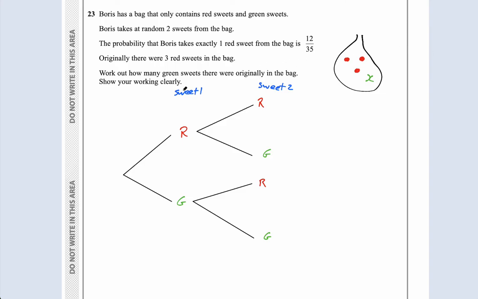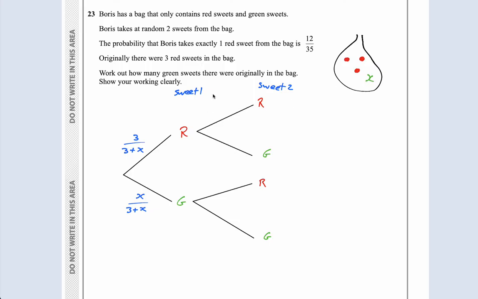What is the probability that it's red? The probability is 3 out of, what's the total? 3 plus x. So it's 3 out of the total, which is 3 plus x. The probability of green then has to be x out of 3 plus x, because look, there's x greens.